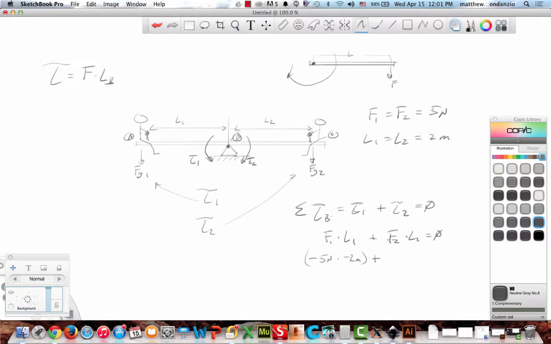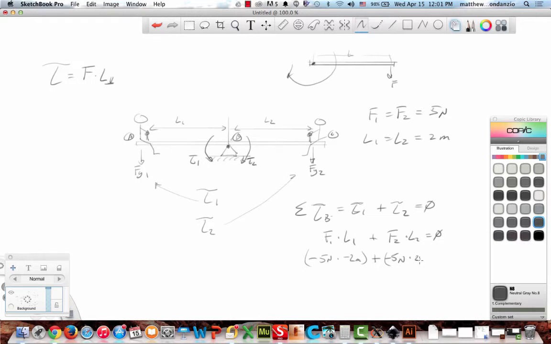Plus, what's the direction of force 2? Negative. So what's the value of force 2? Negative 5 newtons times 2 meters. Now, if L1 was negative because it was left of the pivot point, L2 is to the right of the pivot point, what should it be?